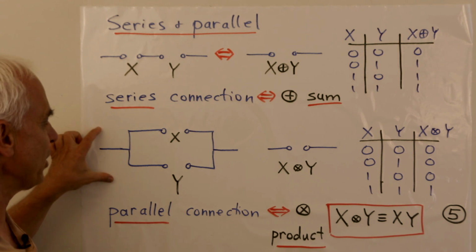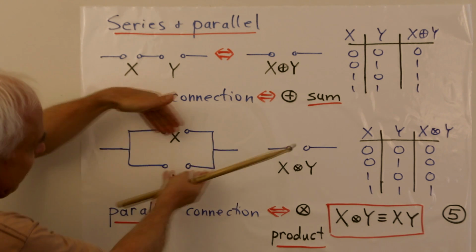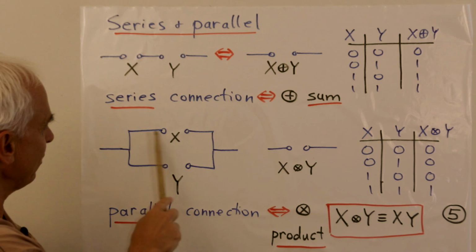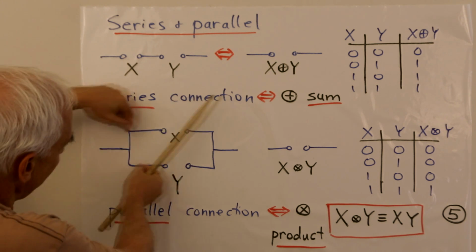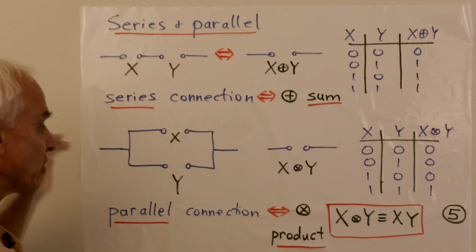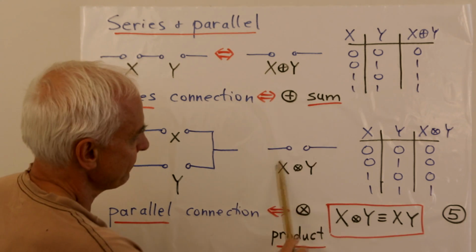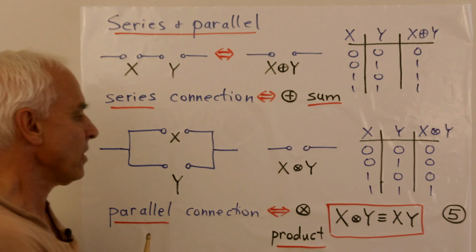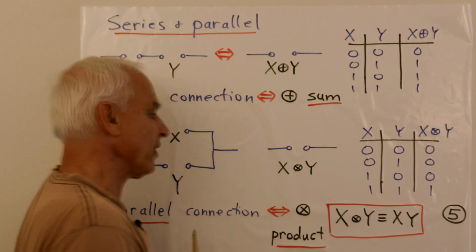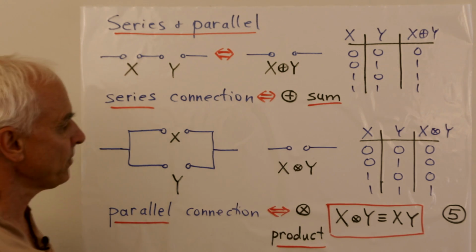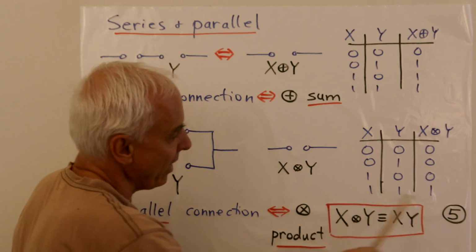Okay, the other situation is when we have sort of parallel hindrances like this. So here's a hindrance of x, here's a hindrance of y, and we have this sort of branching parallel situation, and so we represent that with this other operation, times, with, say, a circle around it, x times y. And then here are the values of that.